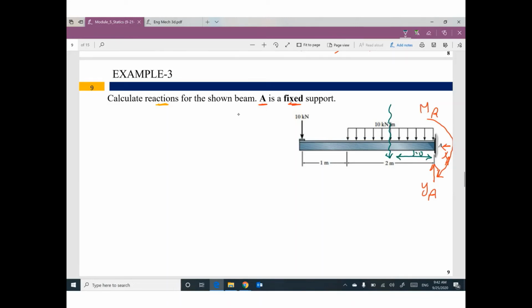How much is this distance? 1 meter. What is the value of the distributed load? It's 10. What is the total length of this distributed load? It is 2 meters. So this value will be 20 kilonewton.